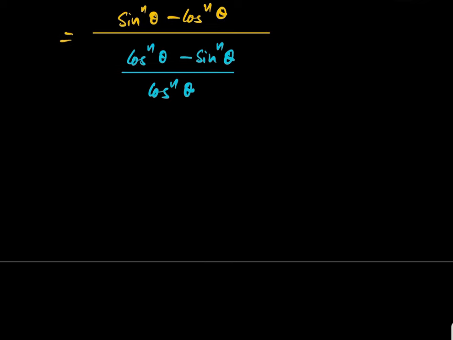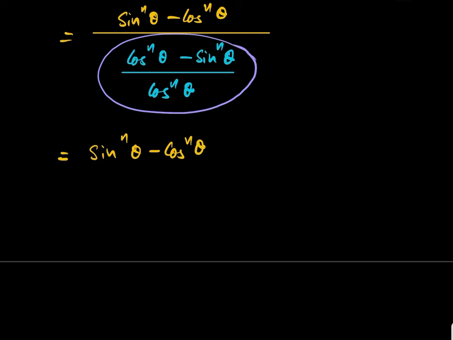And then now we're going to simplify this fraction. So we have sine of n theta minus cos of n theta there. Now, this is divided by that quantity. So we're now going to change that to be the inverse of that by multiplication.